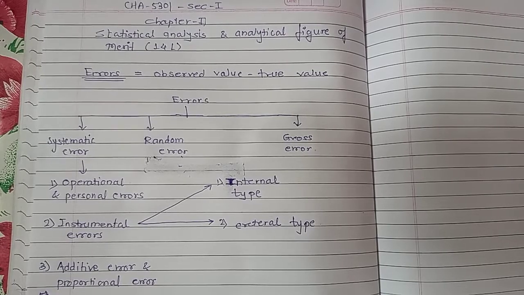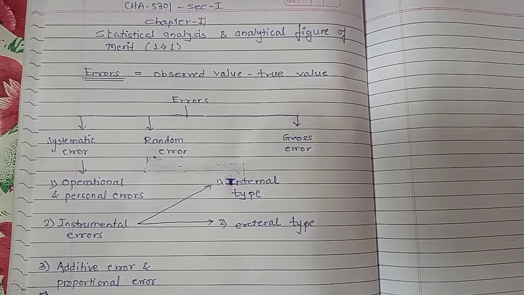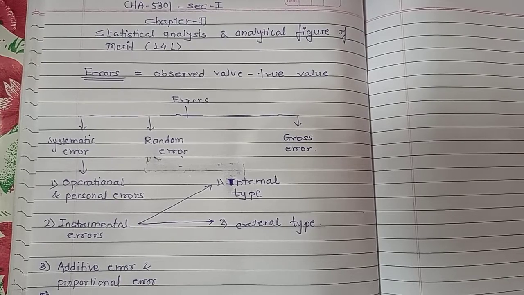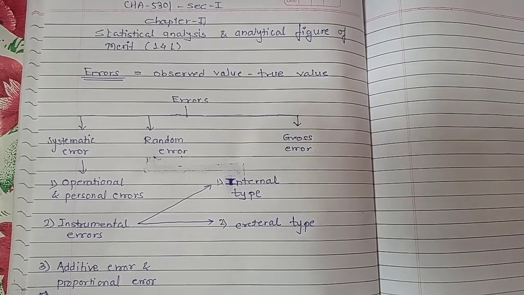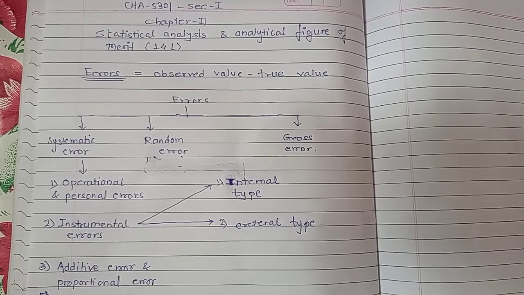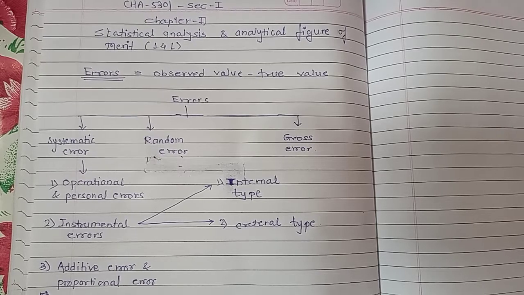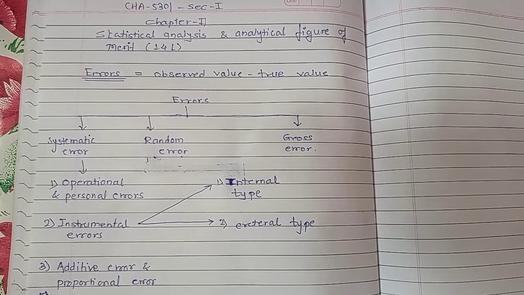Next, the proportional error has some absolute value, and this absolute value depends upon the amount of constituents of the solute. For example, impurity in a standard substance which results in a wrong value of normality of the standard substance.